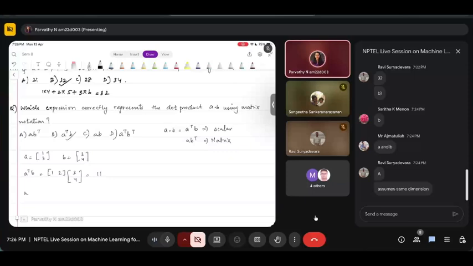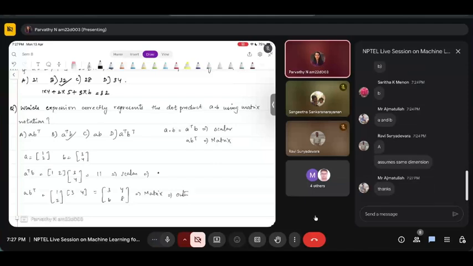Whereas if I take A B transpose, then 1, 2 and 3, 4, this will result in 3, 4, 6, 8. So this is the matrix. This is the outer product, and the scalar value is the dot product or the inner product. So the answer is A transpose B.